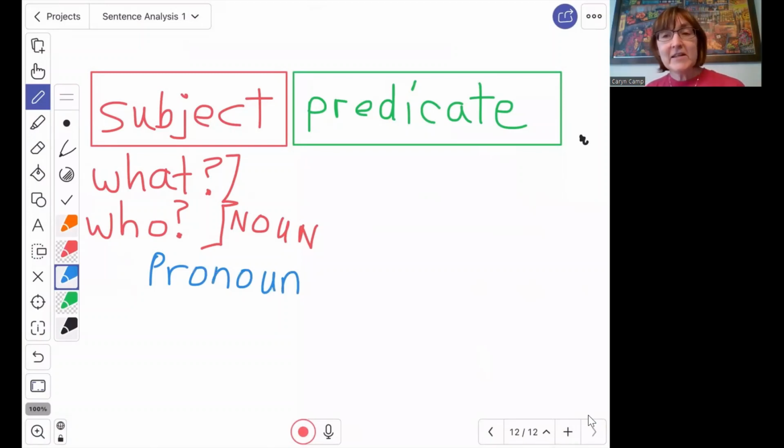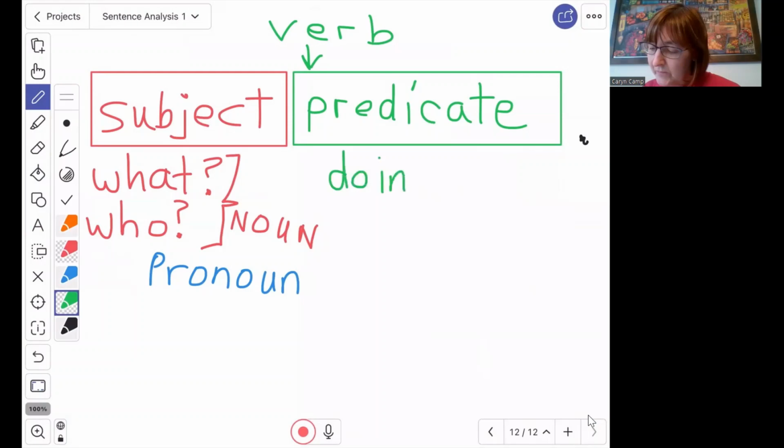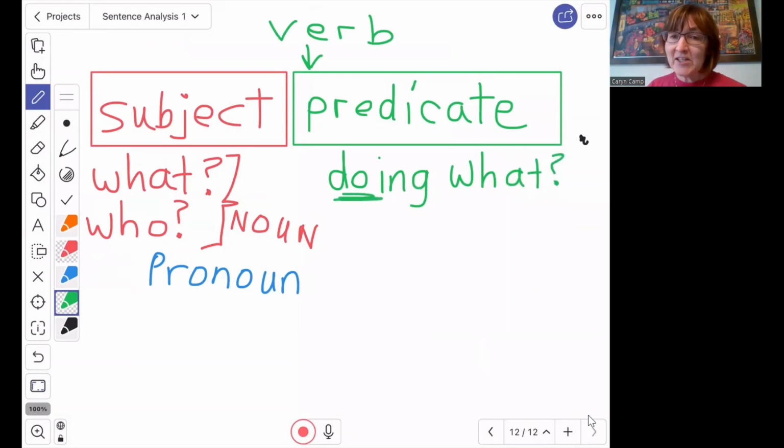Okay, let's look at the predicate. What's the most important word in the predicate? It comes first. That is the verb. A verb can answer the question, the subject is doing what? And the most important part of that question is do. If you are doing an action, then it's an action verb.